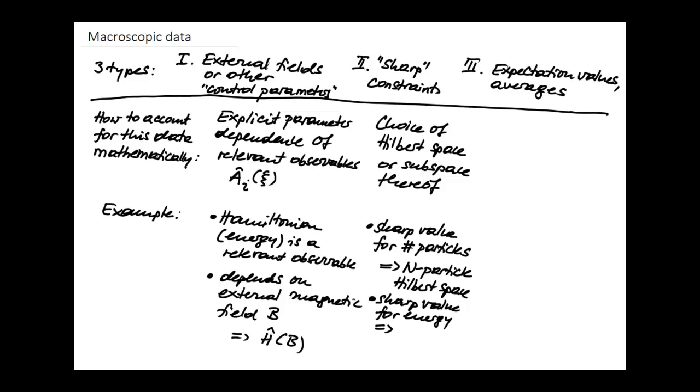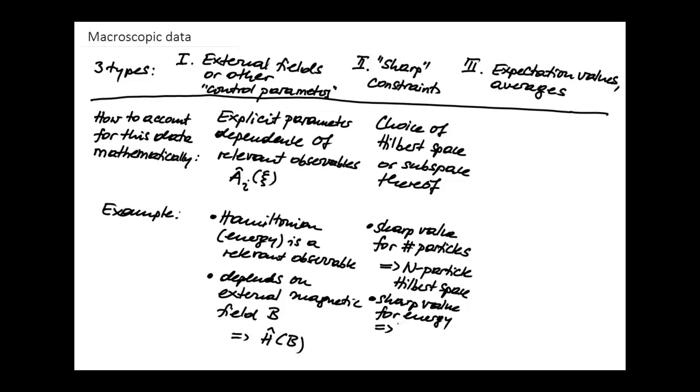And hence, in your Hilbert space, you restrict your microstates to a subspace of Hilbert space, and the subspace is the space that is spanned by all the microstates whose energy lies within this allowed range.